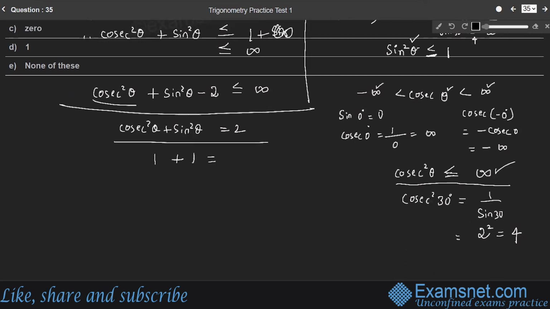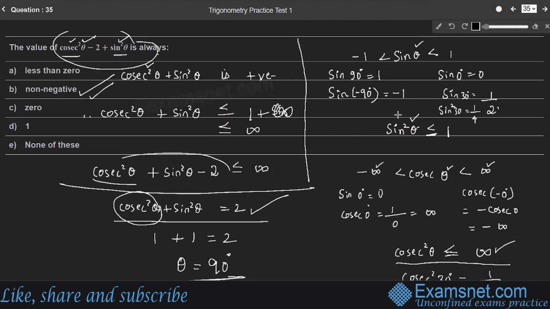So their sum becomes 2, right? If cosecant theta is 1, then only cosecant square theta becomes 1, right? So when theta is equal to 90 degree, their sum becomes 2, and the given expression becomes 0, right?